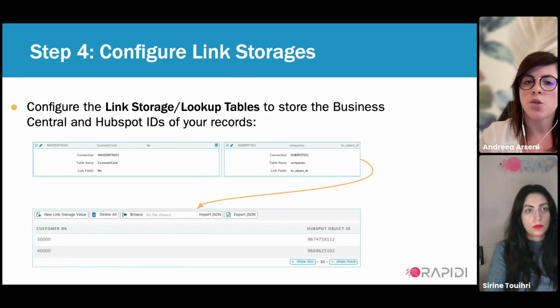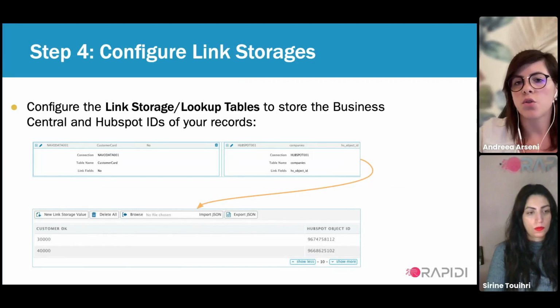And as soon as you send it to HubSpot, HubSpot will assign to that customer an ID, which again is unique. So you can store those here, and this will be presented as a list, and it's updated automatically whenever the data is being sent to HubSpot or Business Central. So it's not something that you would do manually or intervene. It's just something that will always be updated whenever the data is transferred to the destination system.